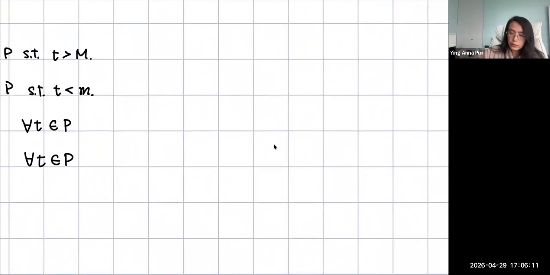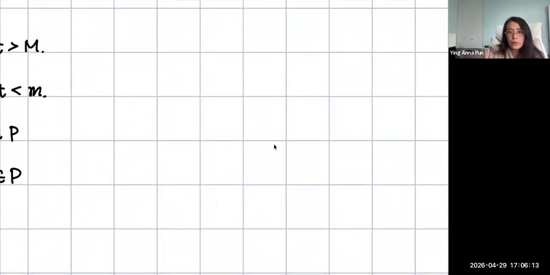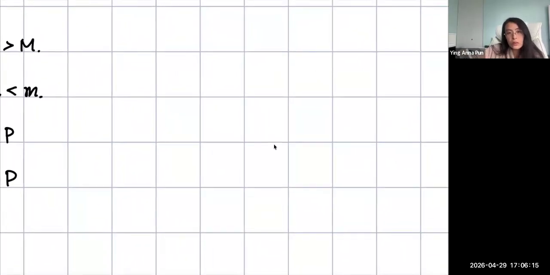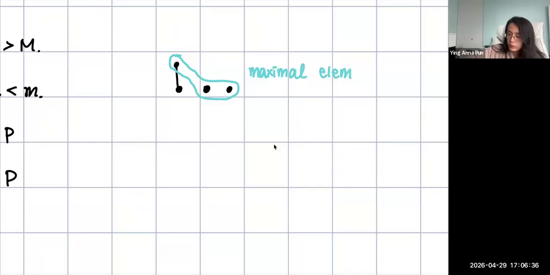Let me give you an example here. Let's look at this one, with 4 elements. We saw it as an example of the Hasse diagram. Even though I drew it like this, you can see that these guys here are actually maximal elements, because nothing is above them, right?